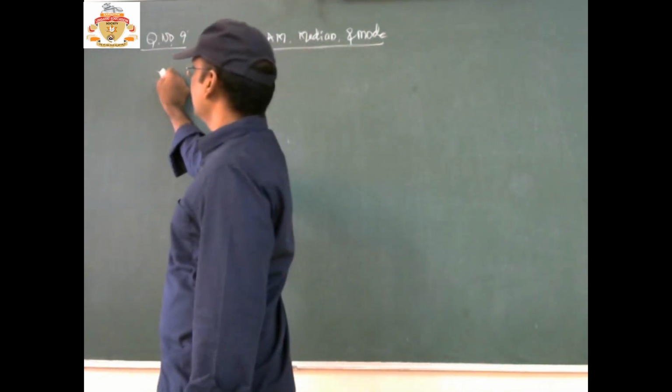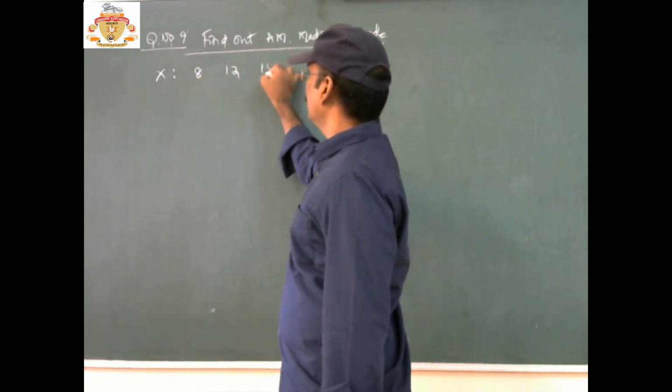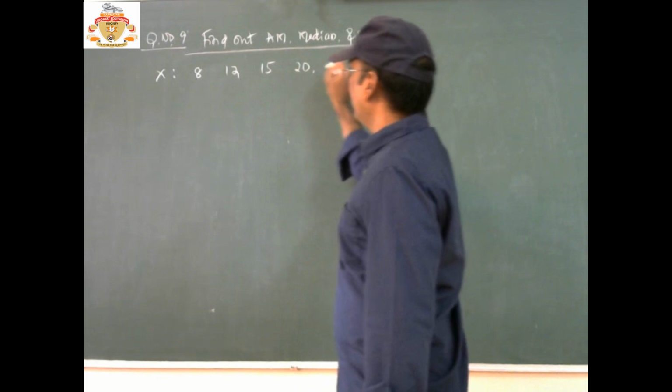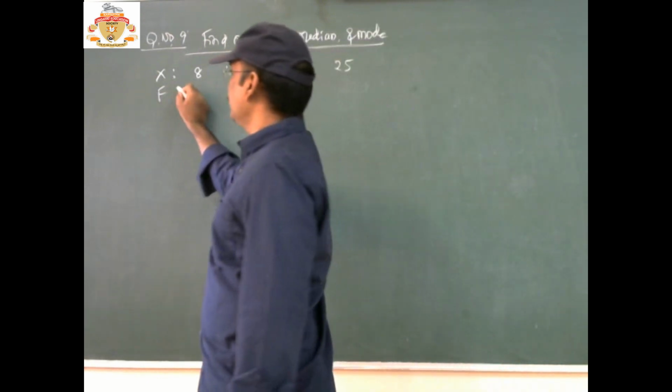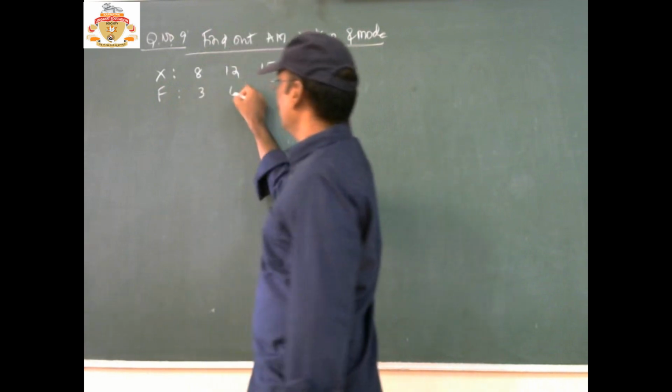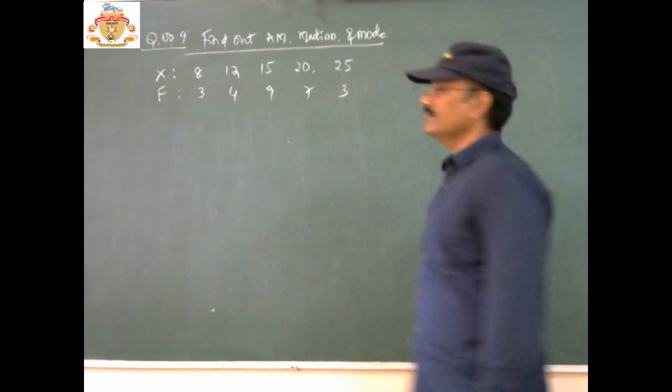The variables are x: 8, 12, 15, 20, 25, and the frequencies are 3, 4, 9, 7, 3.